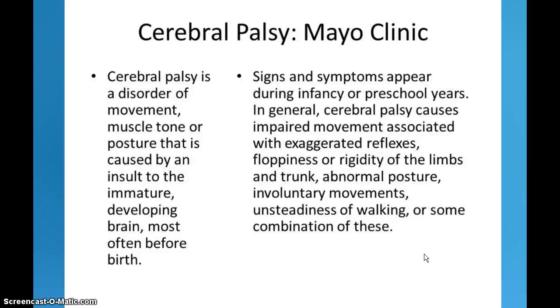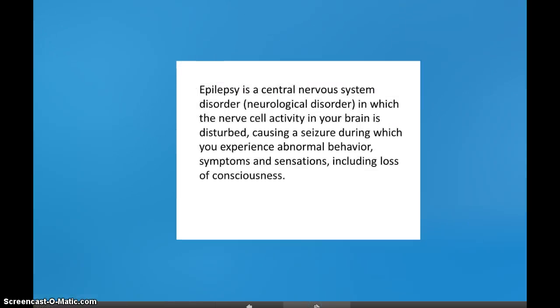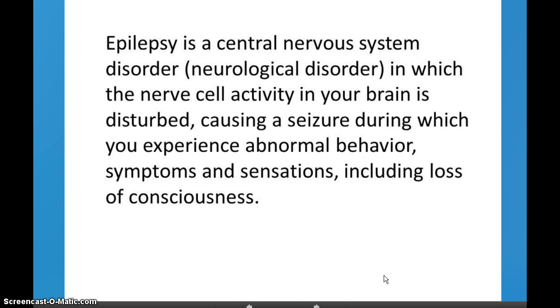It happens before birth, but a lot of times the symptoms are not apparent until the child is in infancy or even in preschool years. Impaired movement, exaggerated reflexes, floppiness or rigidity of the limbs and trunk, abnormal posture, involuntary movements. You'll see this on the videos of Colton. That was from the Mayo Clinic. This definition also is from the Mayo Clinic.